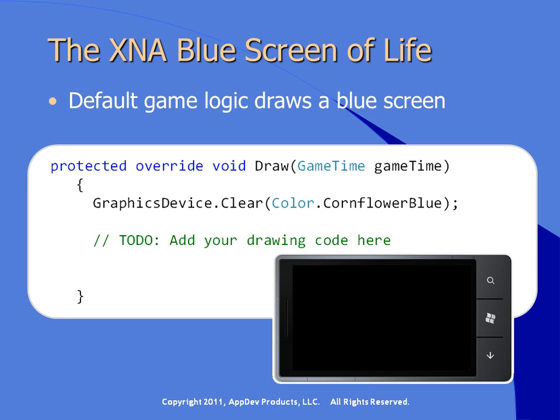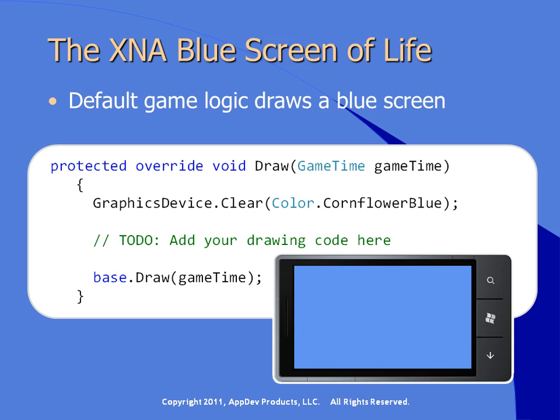And that actually sets the background color that will be set on the screen when it's cleared. So once that base.draw gets called, we actually end up with this blue screen out there. So when you build a brand new XNA project and you run it, it's good to see the blue screen. We know then that means everything's working.